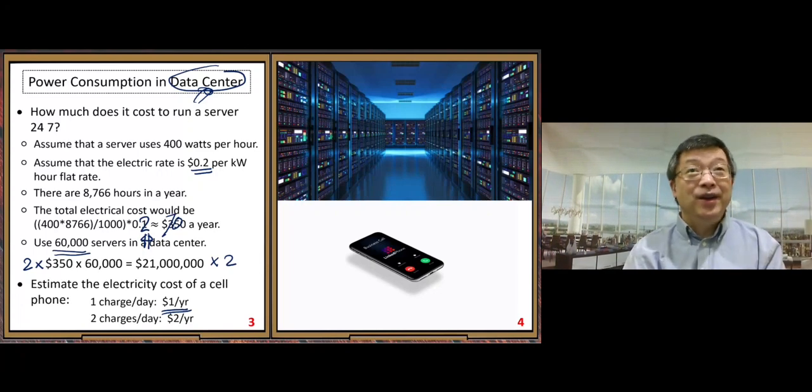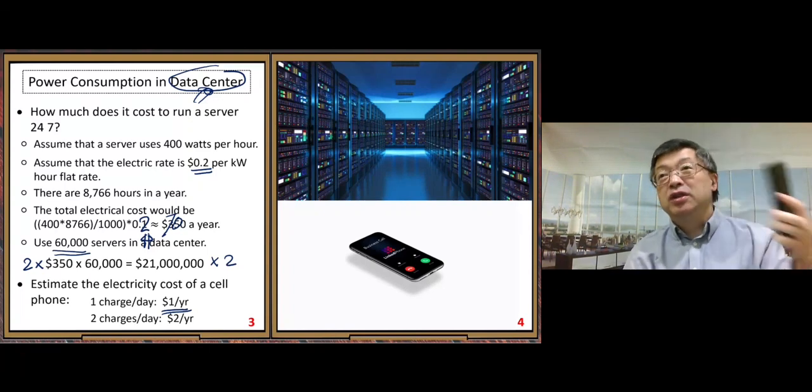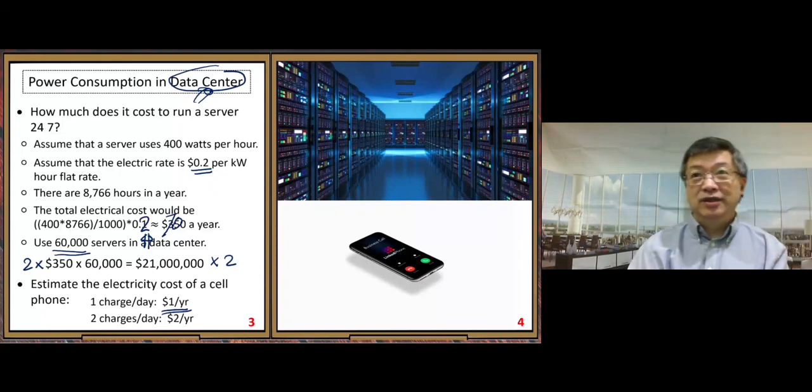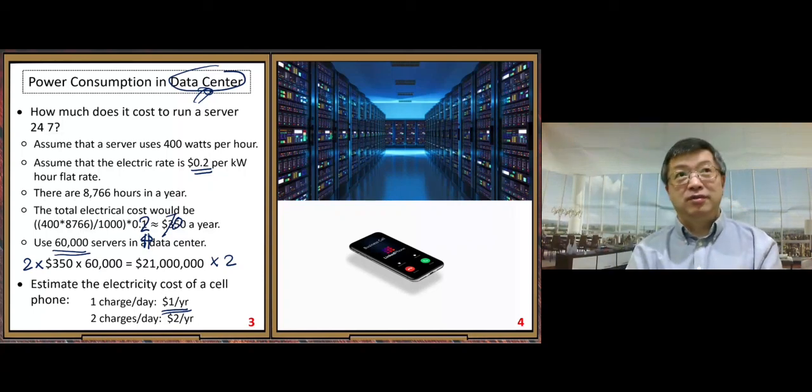The whole year, you just pay $2 or $3 for the electricity consumed by your cell phone. Very, very surprising. But anyway, that's the number I got from several articles, with similar numbers.